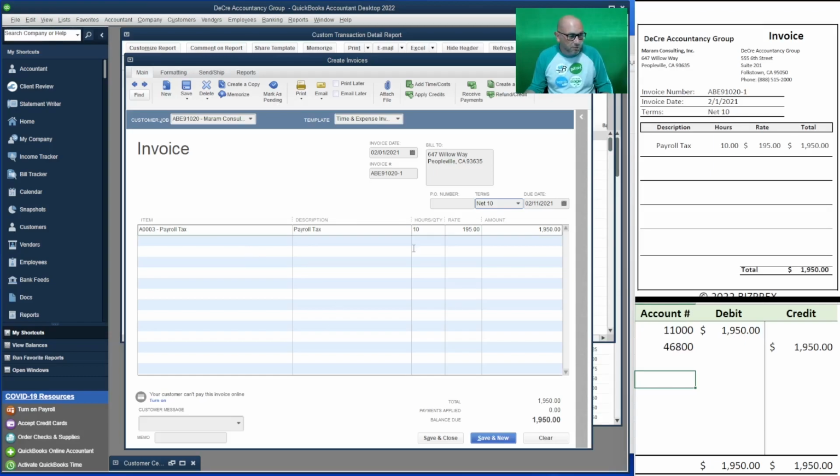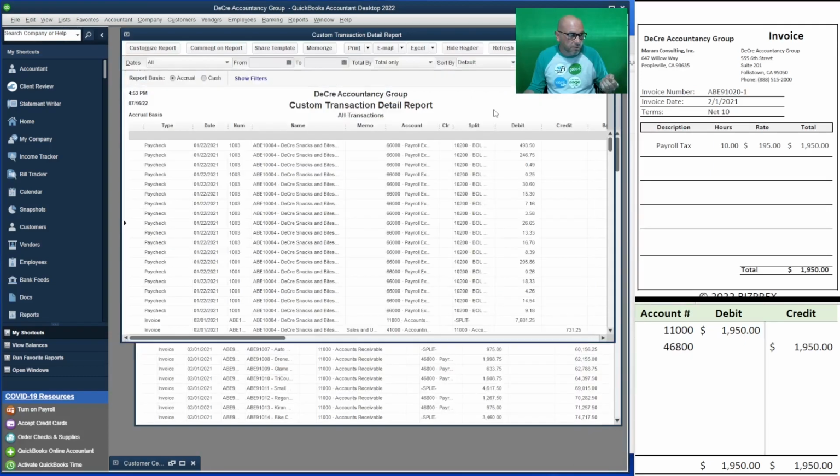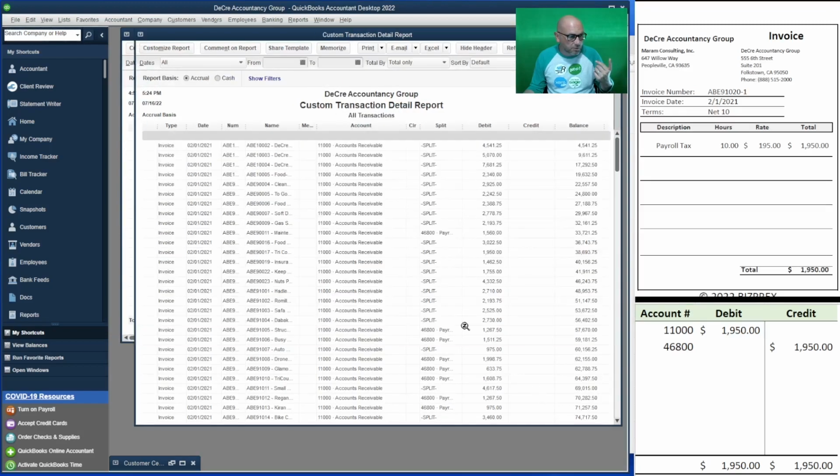Awesome. All right, we're done with making invoices to our clients. We didn't mark print later, we didn't mark email later, so we assume they were already sent out to our clients. They received them. That's why accounts receivable is impacted. Cool. All right, save and close. Here it is, and you can see that we have quite a bit of accounts receivable impact now.